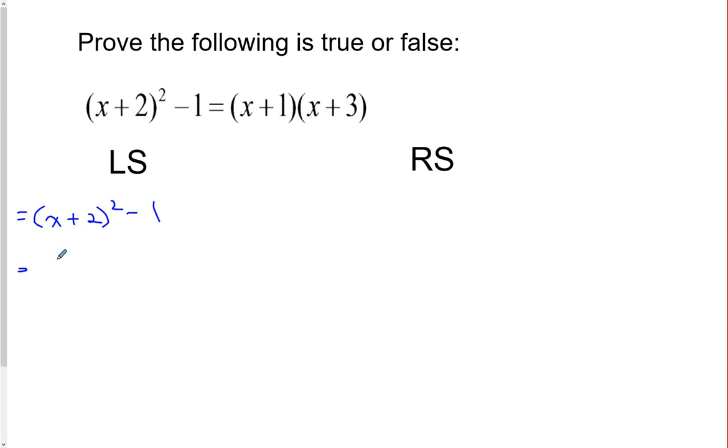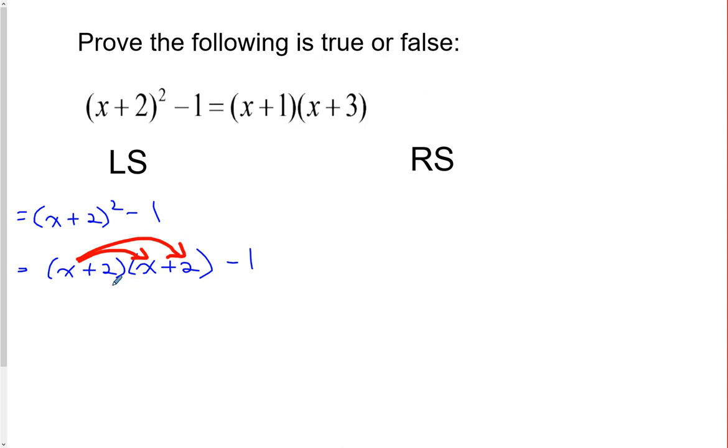Well, x plus 2 squared, what does that really mean? That's x plus 2 times itself. And now I need to get into my multiplying through the brackets. So how do I do that? I do that with what you've probably heard called FOIL: first, outside, inside, last.